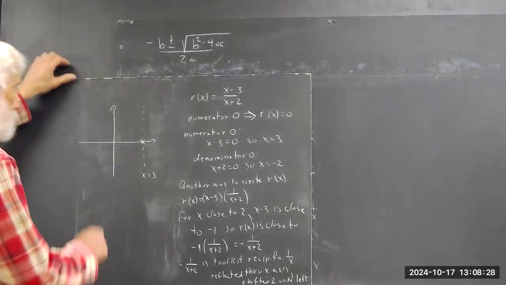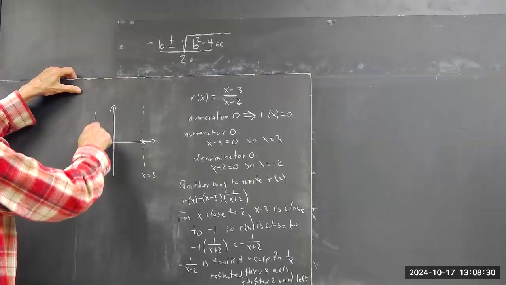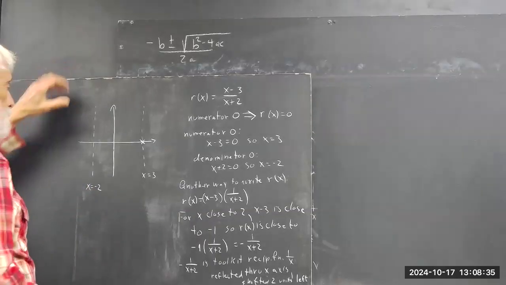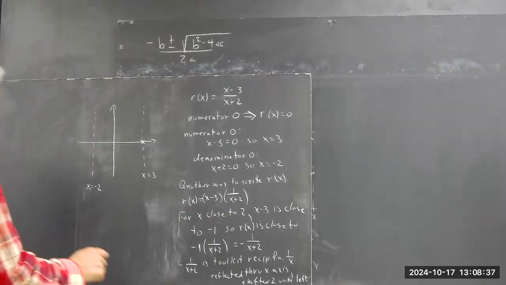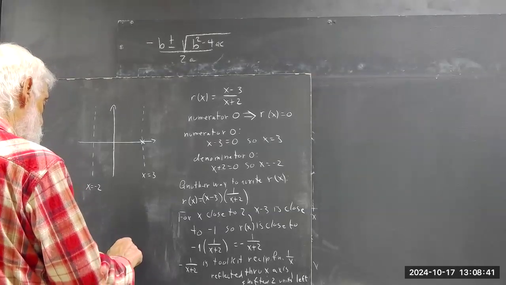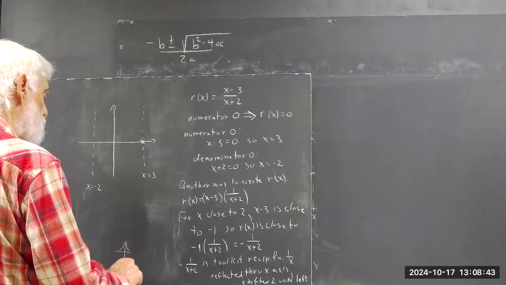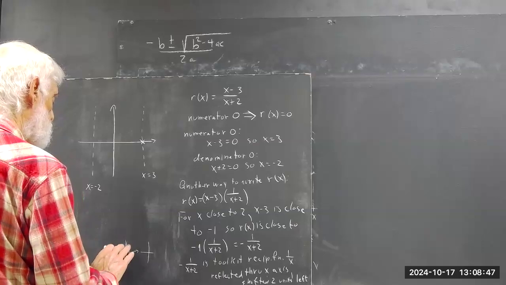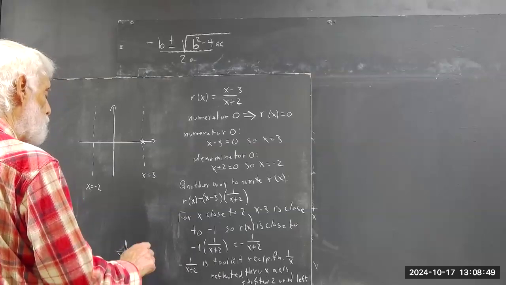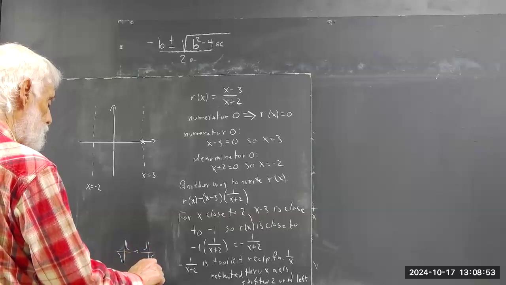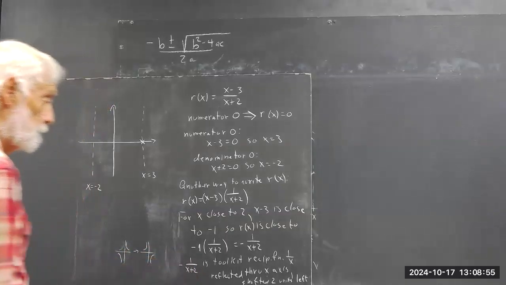Then at x equals -2, well, that's like we take our toolkit reciprocal graph, which is like this, and reflect it about the x-axis, which gives us this. That's a multiplication by -1.